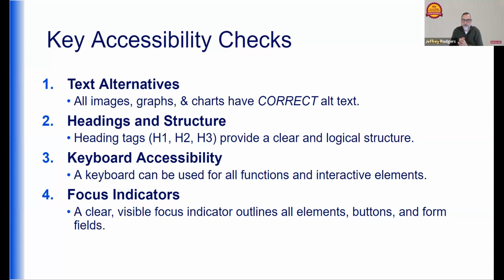One of the important things that I like to point out is that assistive technology and users of assistive technology really like it when there's correct grammar, usage, and punctuation. And when you put that in your alt text, most screen readers and other assistive technology will respond to that.